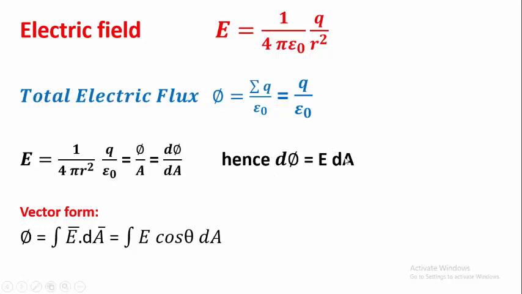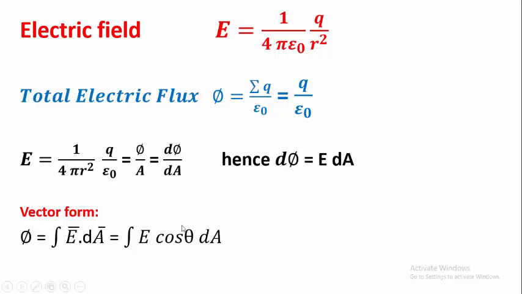This is in terms of magnitude. But if we take the vectorial form and integrate both sides, we get total electric flux is equal to integral E bar dot dA bar. Dot product means the cos theta arises.